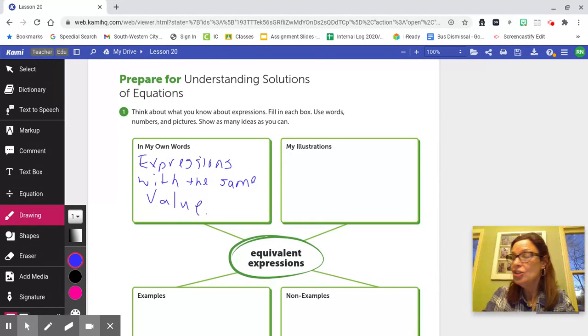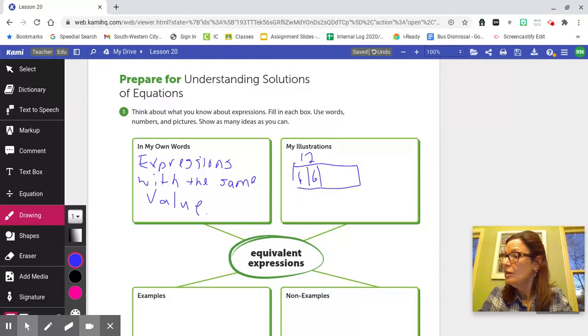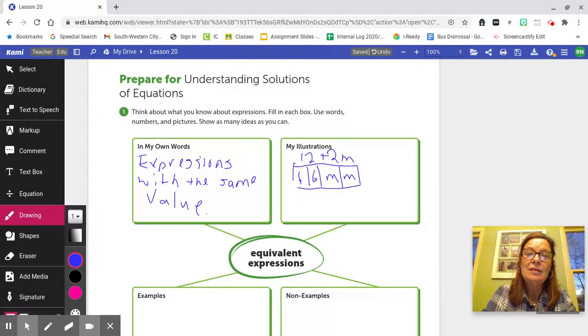An illustration could be like we did, a picture where we say this is 6, this is 6, that makes that 12. And we had M and M, that's 2 M's. So that would be 12 plus 2M. That is a 6, by the way. So an illustration, or like a bar model.